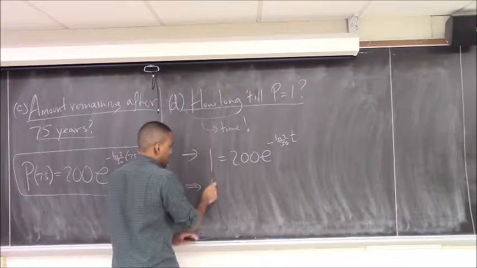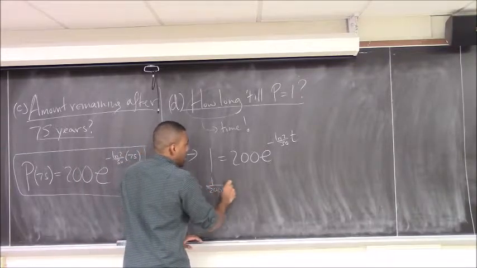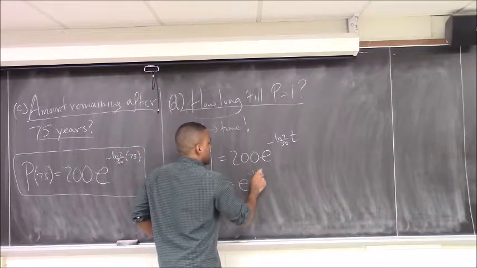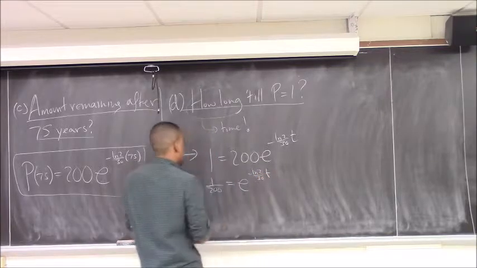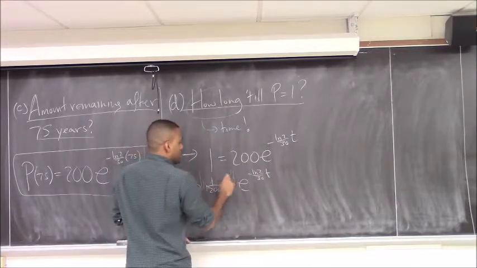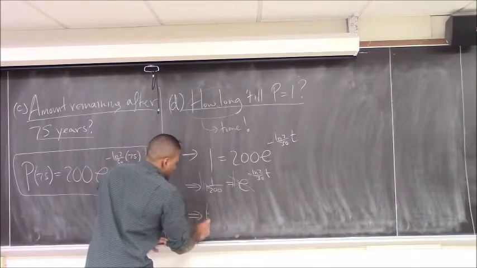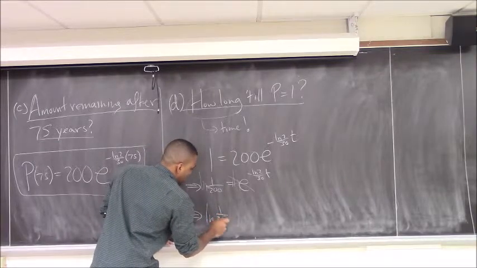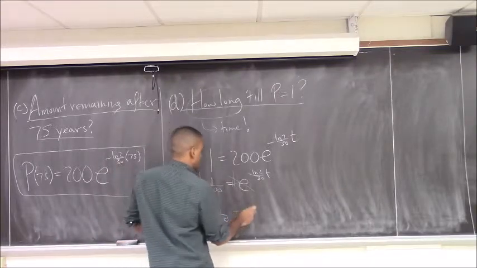Again, divide both sides by 200. You have this. ln both sides. So that ln of 1 over 200 equals this.